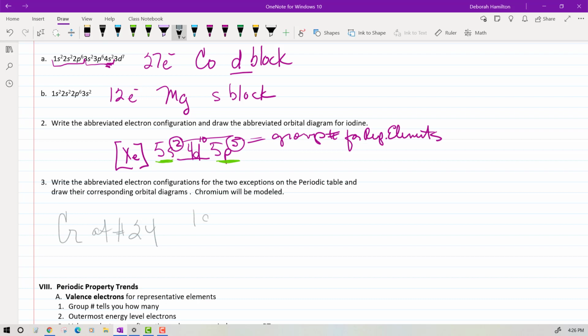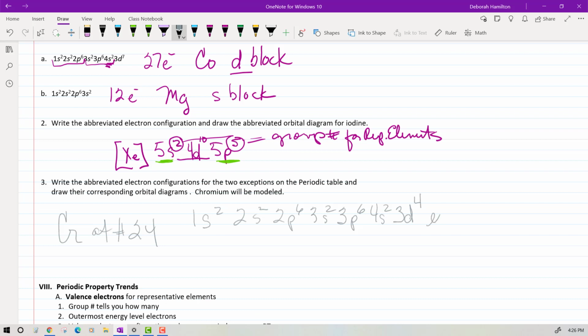So I'm going to do the whole thing: 1s2, 2s2, 2p6, that takes care of 10. 3s2, 3p6, 4s2, that takes care of another 10, so that's 20, and then I can count across 4 blocks, 3d4.